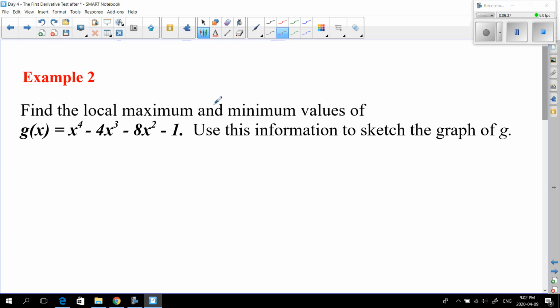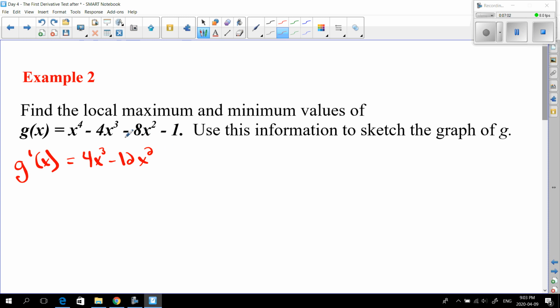Okay, so for starters, in order to do the first derivative test, you have to find the derivative of g at x. The derivative of g at x is g prime x, and this is just a simple little power rule question. The derivative of x to the fourth would be 4x cubed. The derivative of negative 4x cubed would be negative 12x squared.